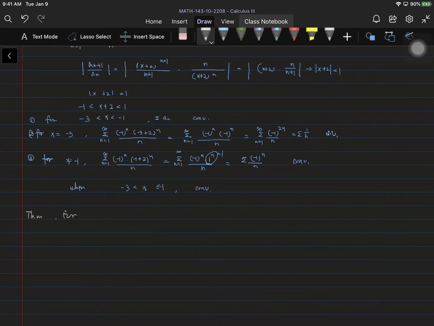For a given series, and this series is a power series, the sum of Cn times x minus a to the power n, centered at a. There are only 3 possibilities.